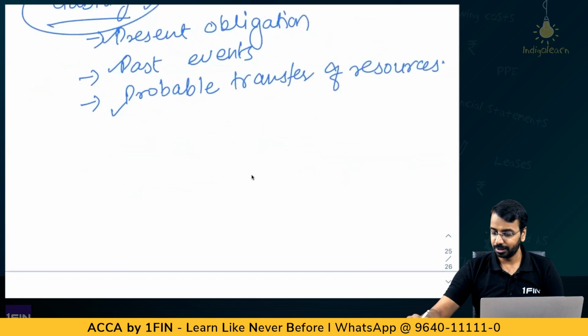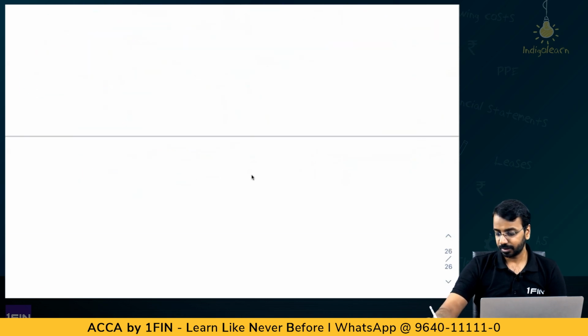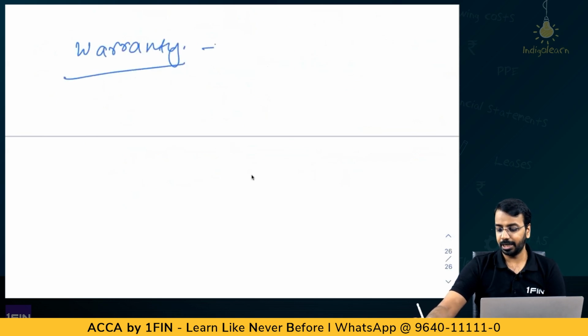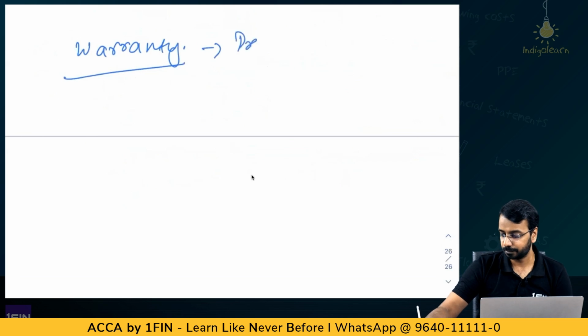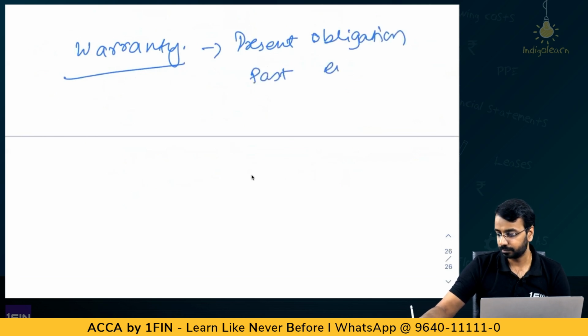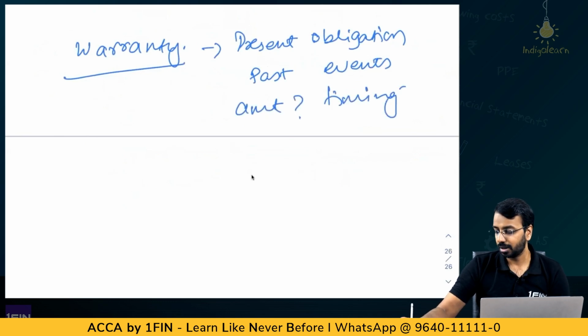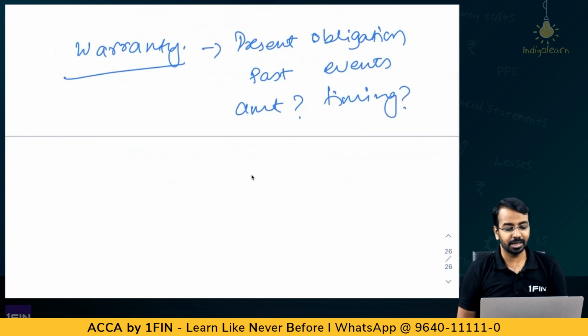So for example, let us say you talk about a case of warranty. In case of a warranty, there is a present obligation which is arising out of past events, but the amount is unknown, the timing is unknown. So in such cases, what we say is we create an estimate. How do we create an estimate? We create an estimate using probability.